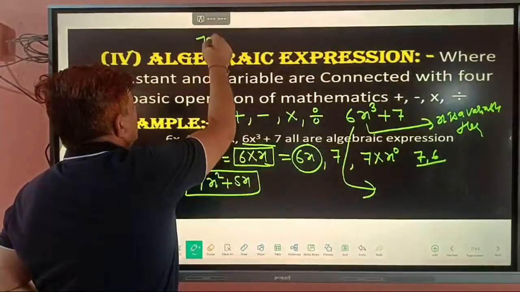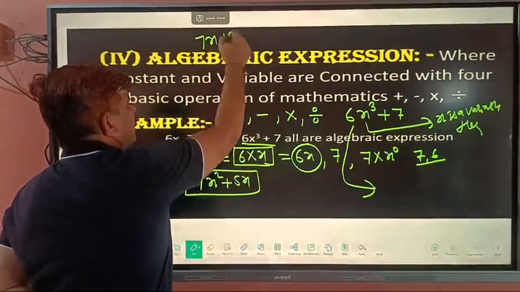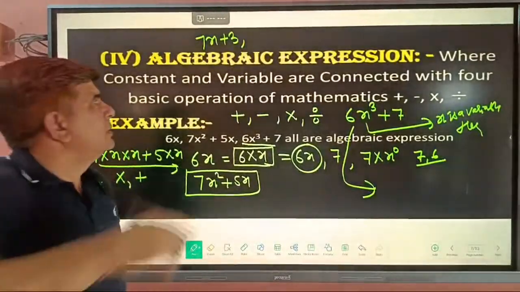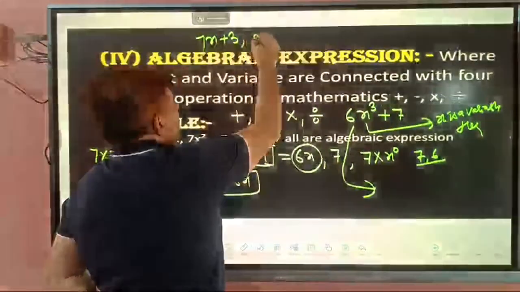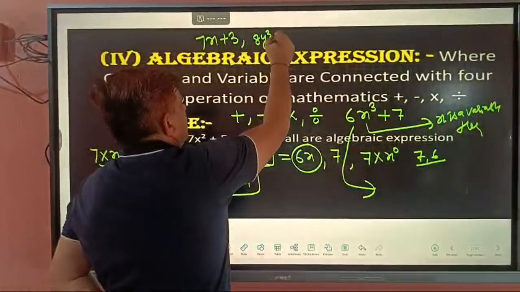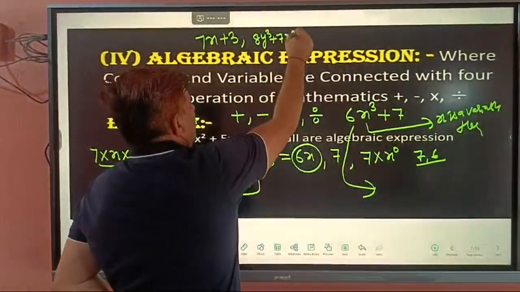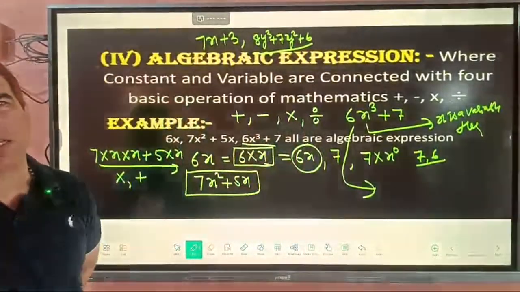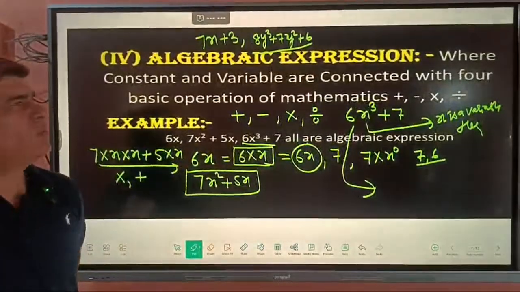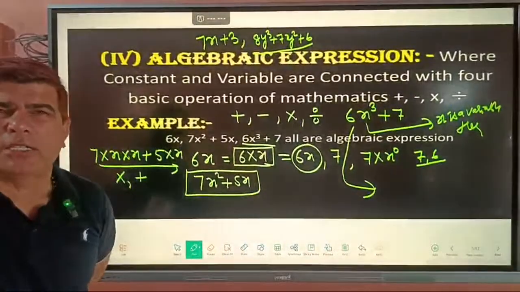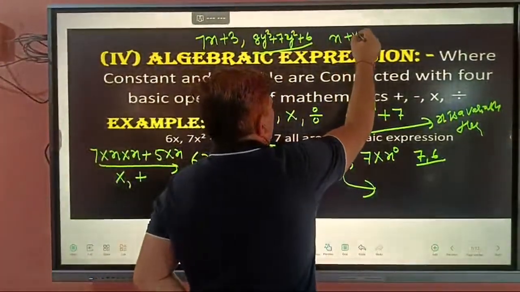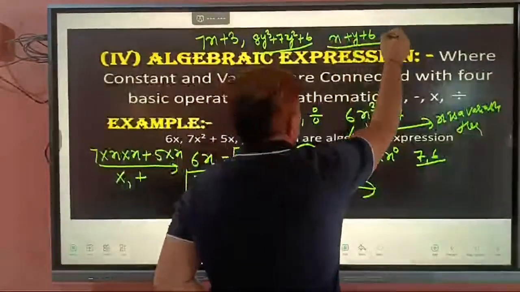I have taken 7x plus 3, definitely an algebraic expression. 8y cube plus 7y square plus 6, is it an algebraic expression? Definitely, connected with the four basic operations of mathematics. x plus y plus 6, is it an algebraic expression?